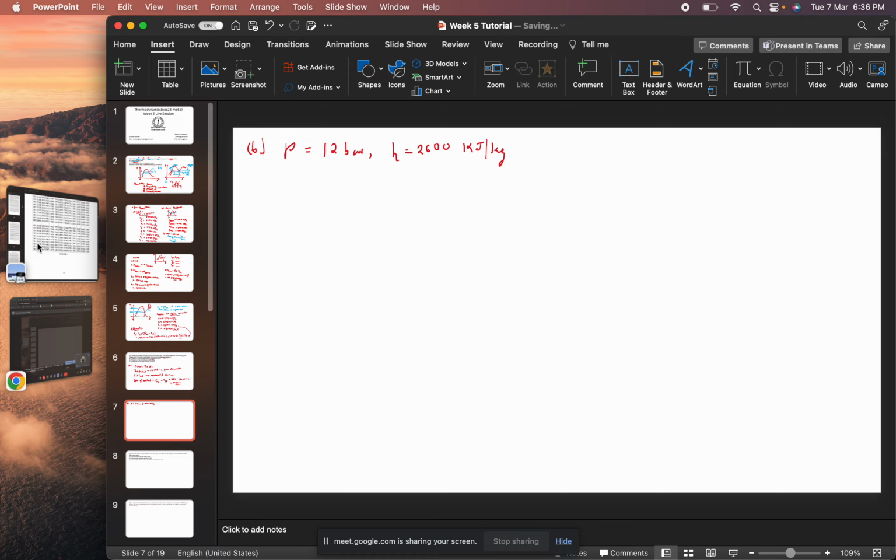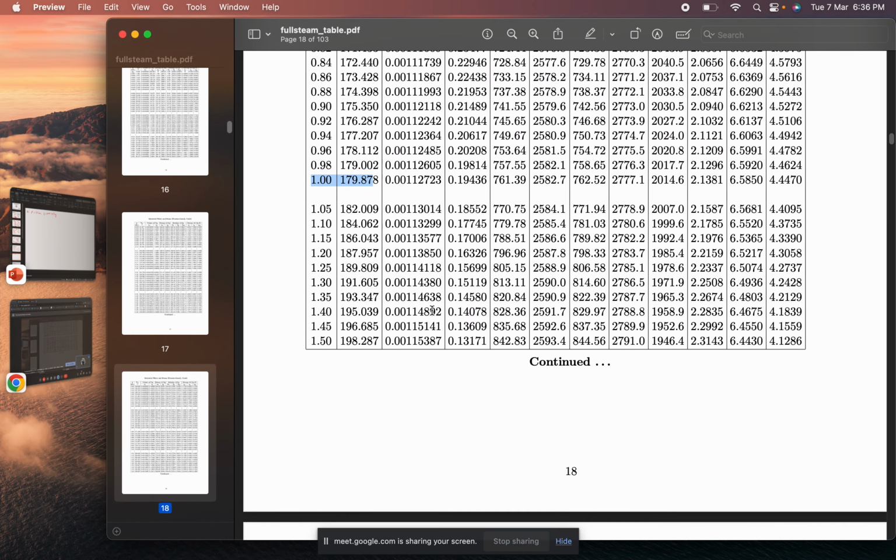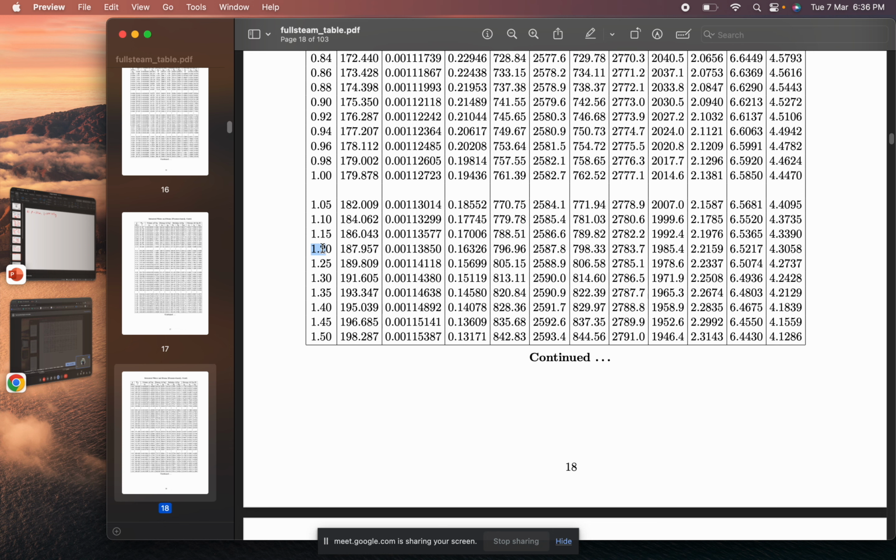We will go to 1.2. Now T is not given, so we will not look by means of T; we will see by means of other values. This is my 1.2 and our enthalpy value is given to us.